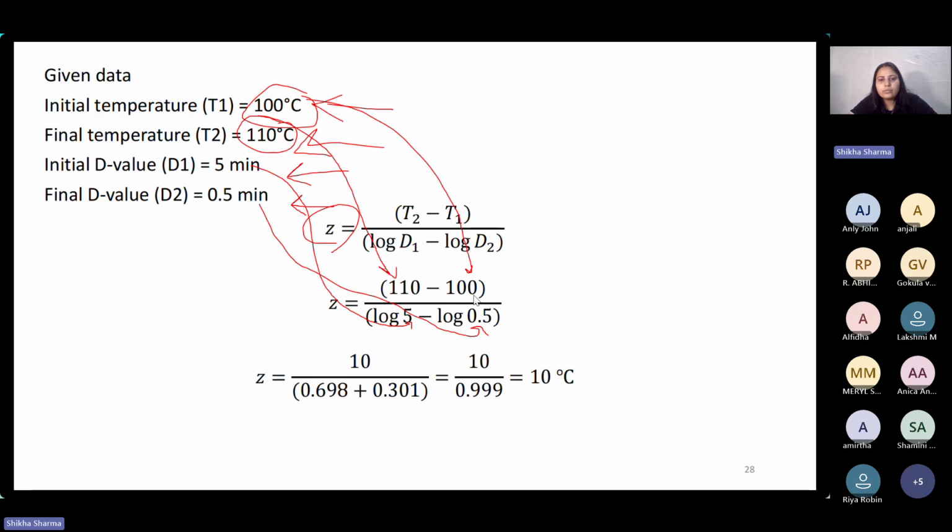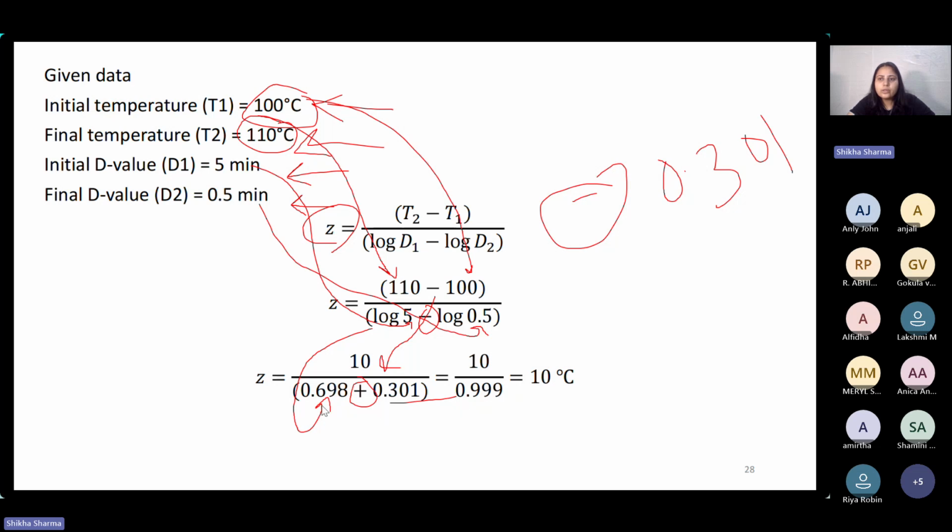So 110 minus 100 gives 10, and log 5 value is 0.698, and log 0.5 value is minus 0.301. So minus and this minus will be plus.